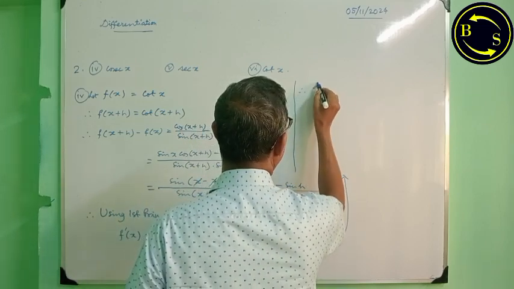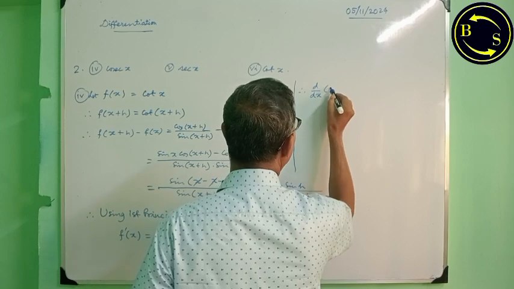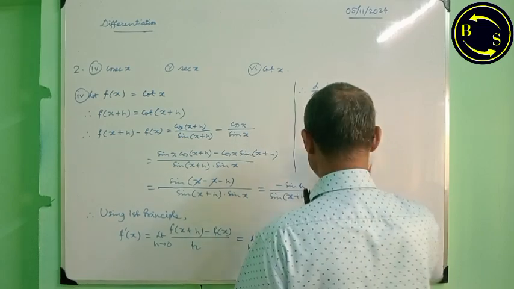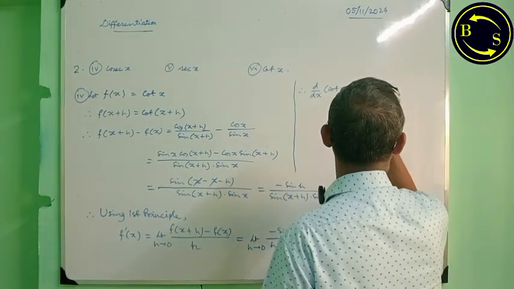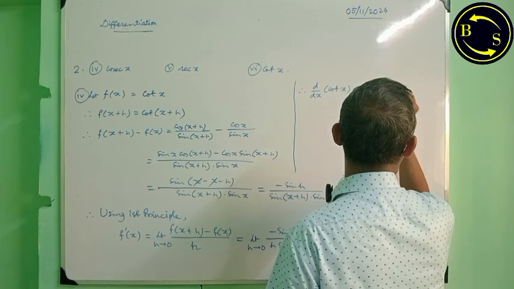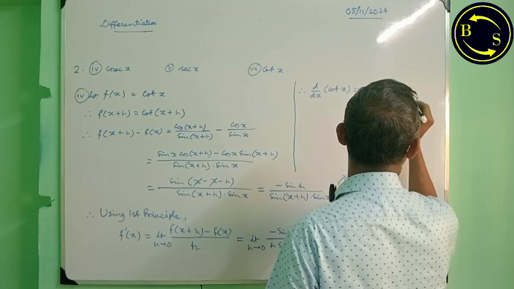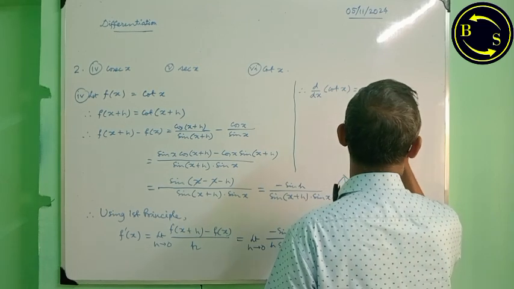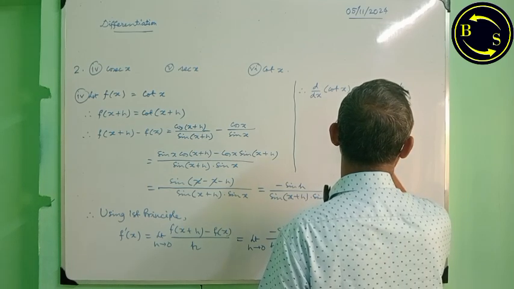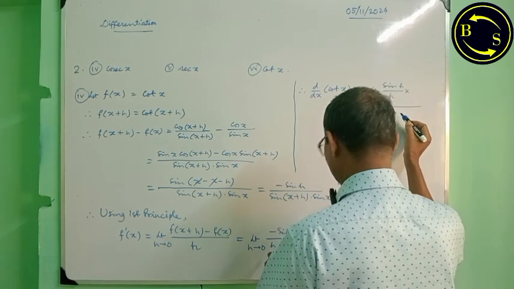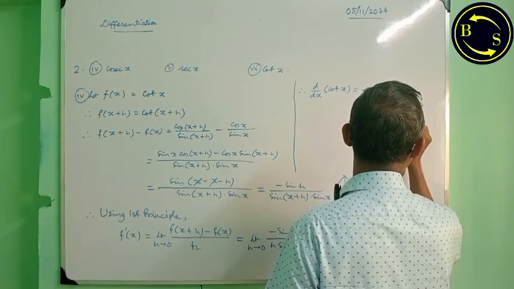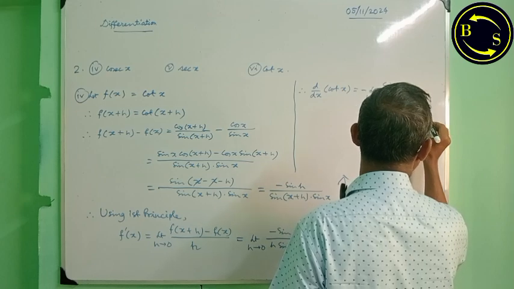Therefore d/dx of cot x is equal to, the minus sign is taken outside, into limit h tends to 0 of sin h by h, into limit h tends to 0 of 1 by sin(x+h) sin x.